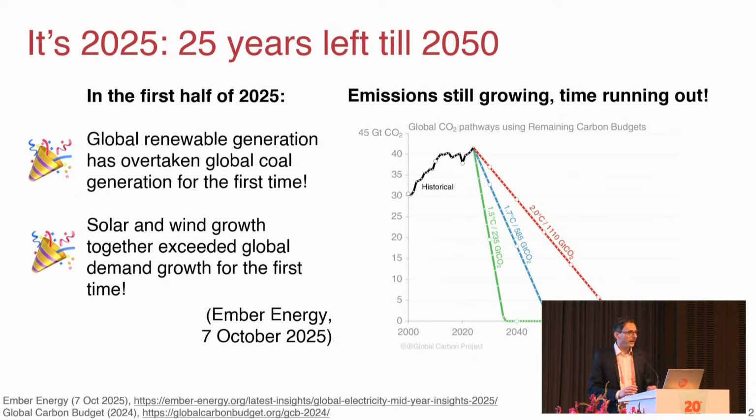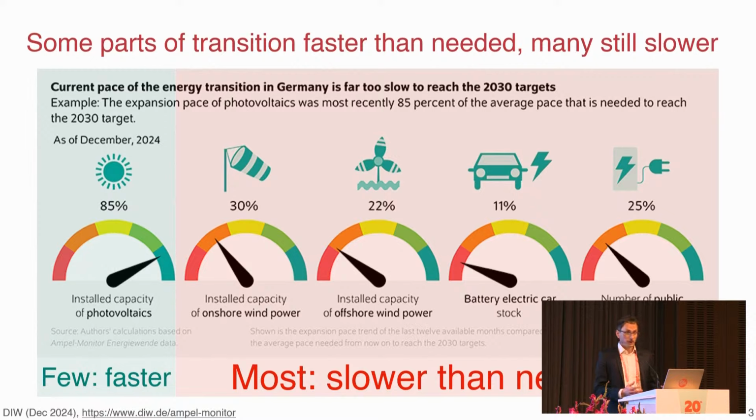But at the same time, emissions overall are still growing. We all know that time is running out. We have targets. We'd like to stay within 1.5 or maybe 2 degrees Celsius globally. Achieving this is really difficult. Some parts of the transition are going faster than needed and also much faster than expected, but many parts are still slower.